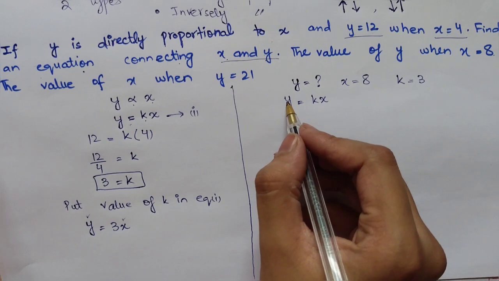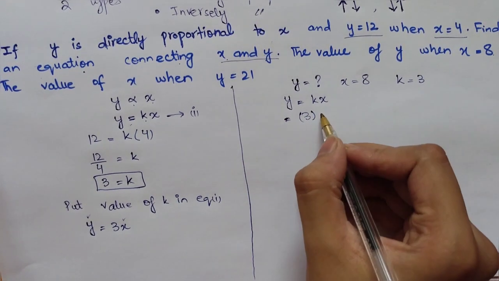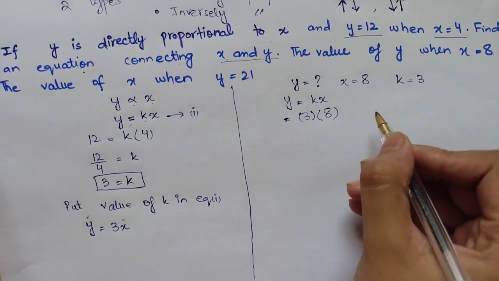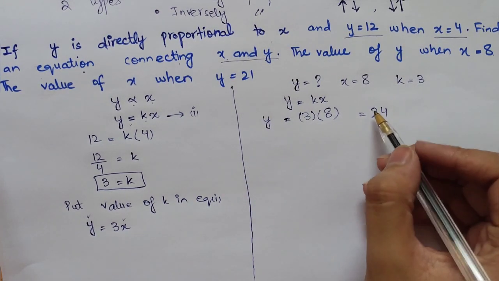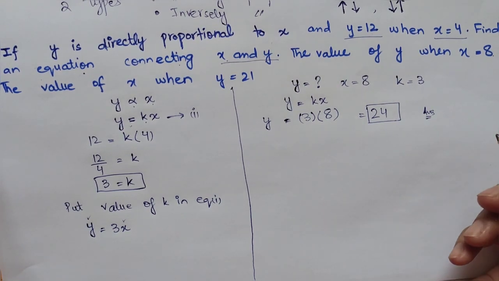So we have to find the value of y. Put the values which are given. K is equal to 3 and x is equal to 8, and 8 threes are 24. It means the value of y is 24. This is your answer for the next part.